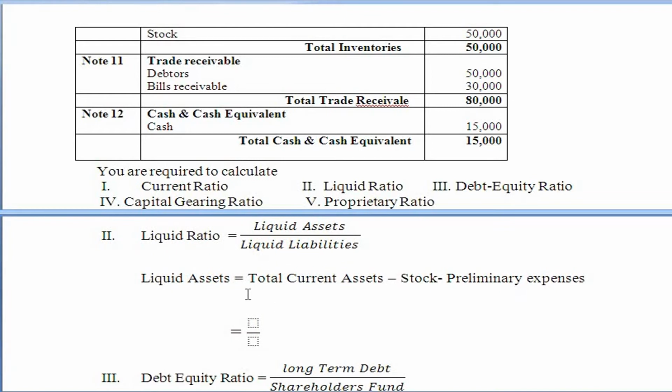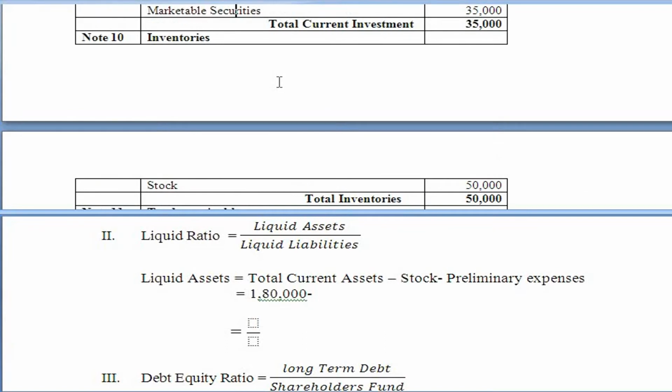Okay, so next line right here, liquid asset is equal to total current asset, that is rupees 1,80,000 minus stock. Now for that, check note number 10. Note number 10 is relating to inventories.